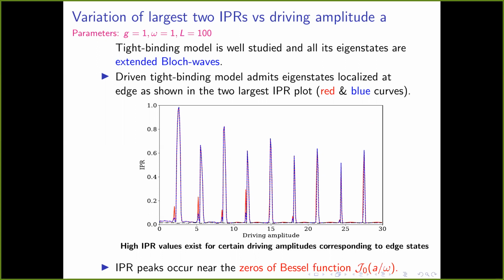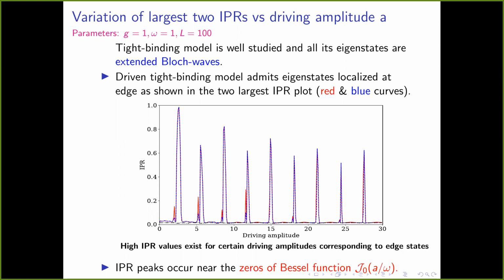So to summarize, I have studied A from 0 to 30, and there are regions where you find high IPR states. I have plotted the 2 largest IPRs, and these high IPR states correspond to states localized at the edge.